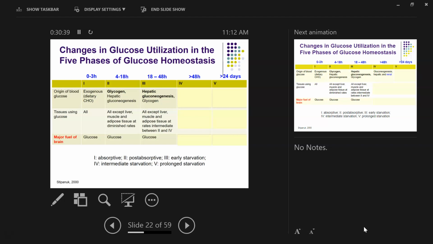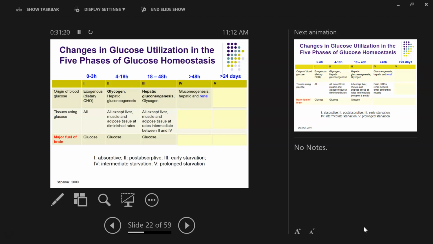Breaking glycogen and making glucose through gluconeogenesis. So continued gluconeogenesis is the main source of glucose, but the tissue that makes glucose is switched a little bit, right? In the earliest stage, the liver is the main tissue making glucose, and after 48 hours, the kidney becomes the more important tissue for gluconeogenesis, right?